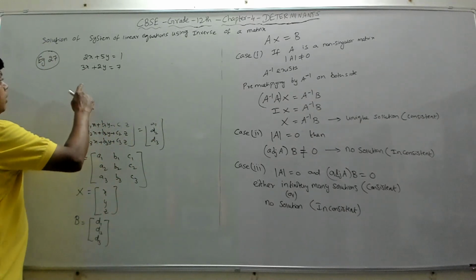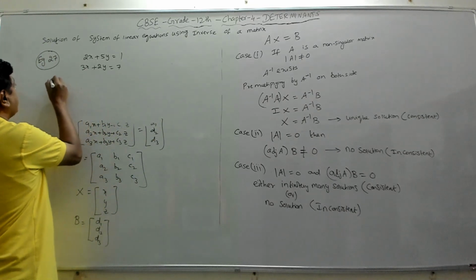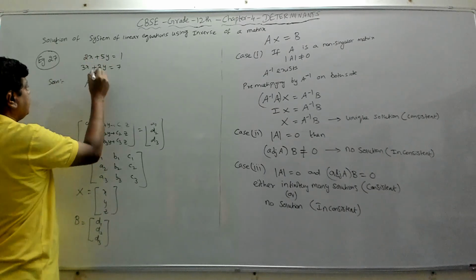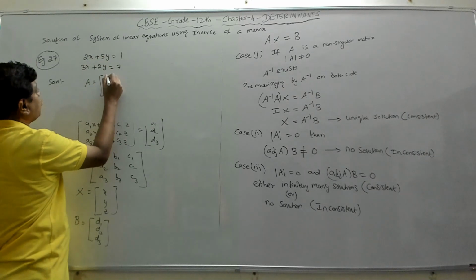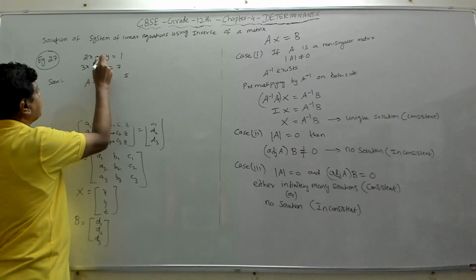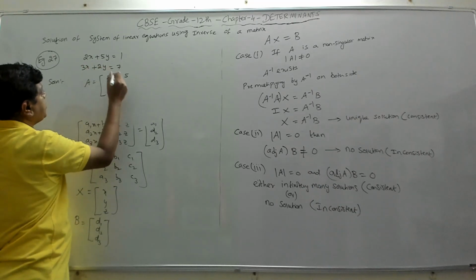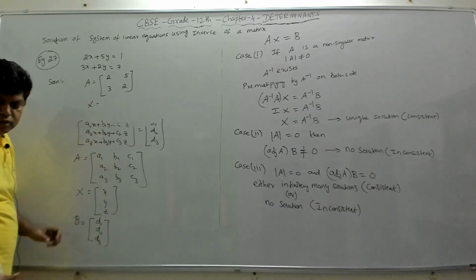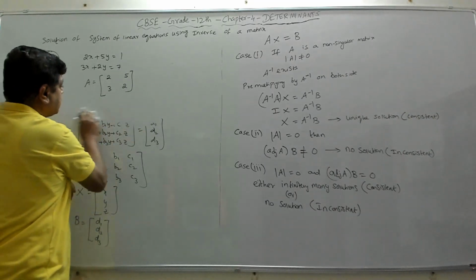The first thing is, we have to find this matrix A. So the solution is, let's find matrix A. Matrix A is the matrix formed by the coefficients: 2, 5, which are a1, b1, and 3, 2, a2, b2.